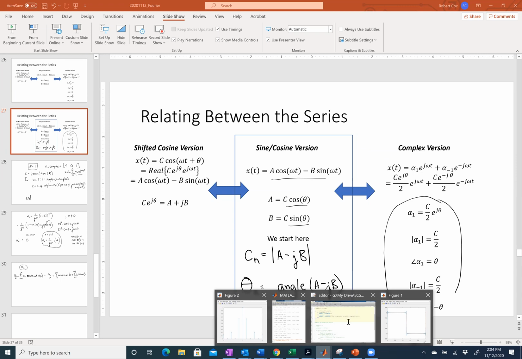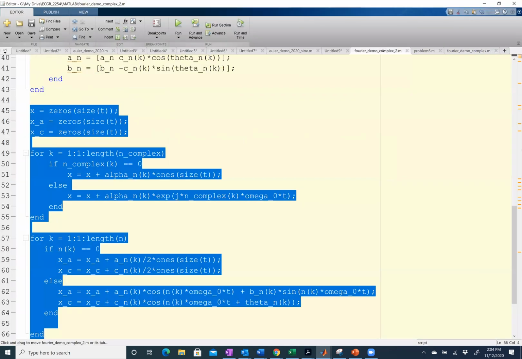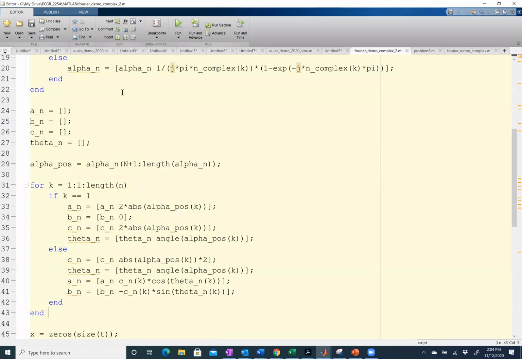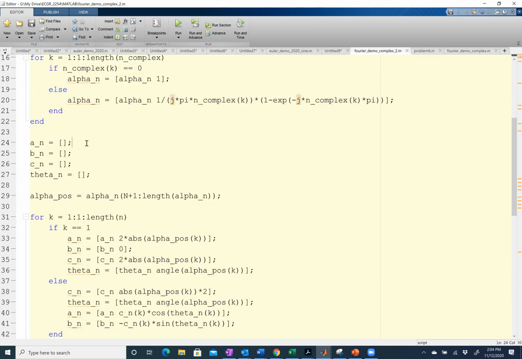So to do that, I wrote the code here. Notice what I did. This is the same alpha setup that I did before. I didn't change anything about that. Then I initialized these empty vectors. I always initialize. In this case, I didn't give them sizes. Whenever I write An equals square brackets like that, I've just made them empty vectors. They have nothing in them.